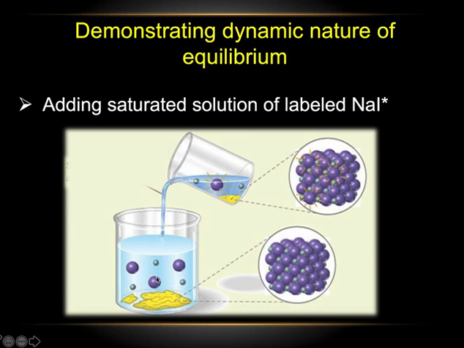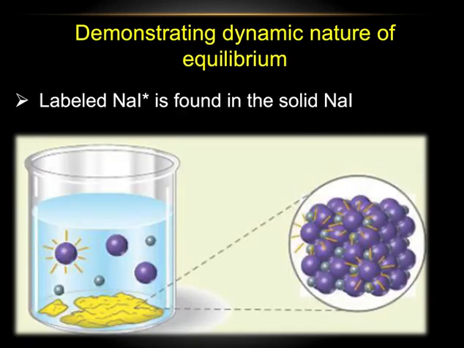Then what we do is we allow the system to stay for some time, and then we observe. When you observe, we find that this solid, which initially was unlabeled sodium iodide, has got some components of iodide labeling coming over there. And this is possible only when there is an equilibrium here, an equilibrium between the dissolved sodium iodide and the solid sodium iodide sitting in the solution over there.